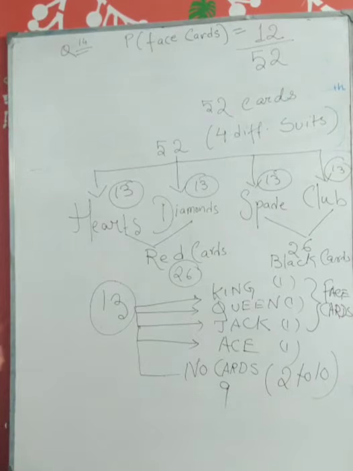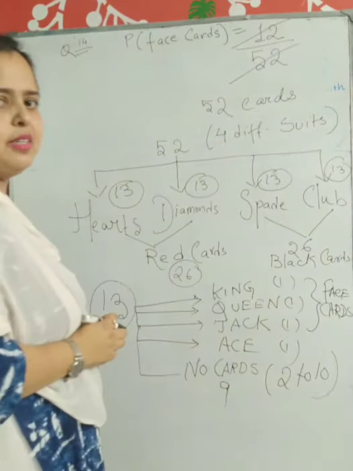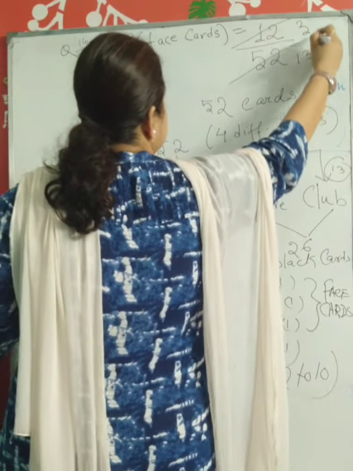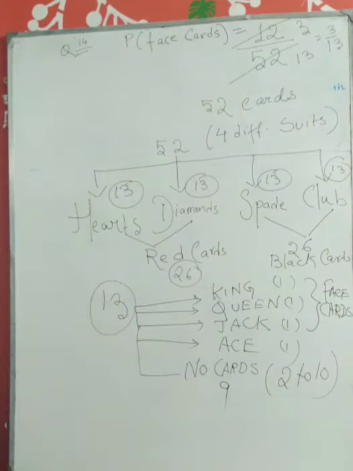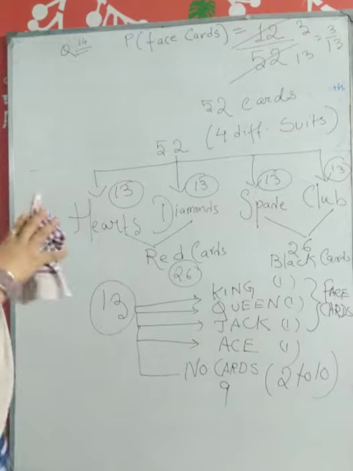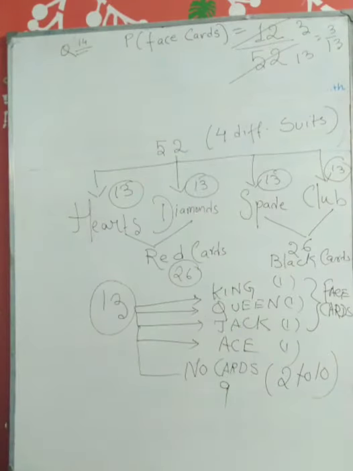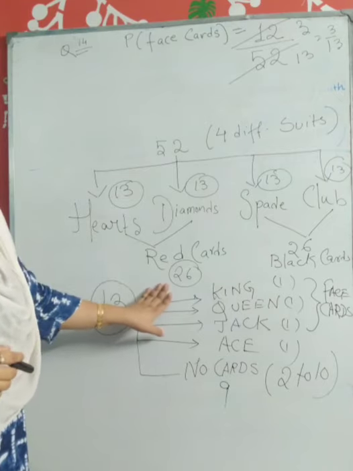Now it is better to put it in a simplified form. Understood? Now, if a question comes, how many red cards are there? You can calculate the total number of red cards is 26.